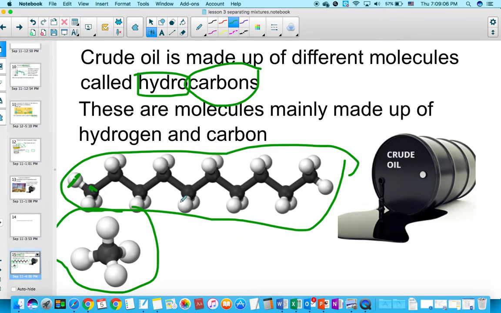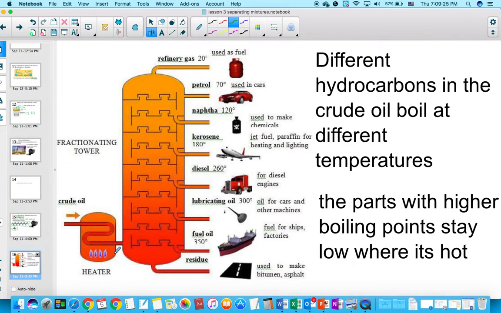Well, this molecule here has a higher boiling point than this molecule here. This molecule will stay liquid at 100 degrees, while this one may turn into a gas at 100 degrees. So fractional distillation uses the different boiling points of these molecules in order to separate them.